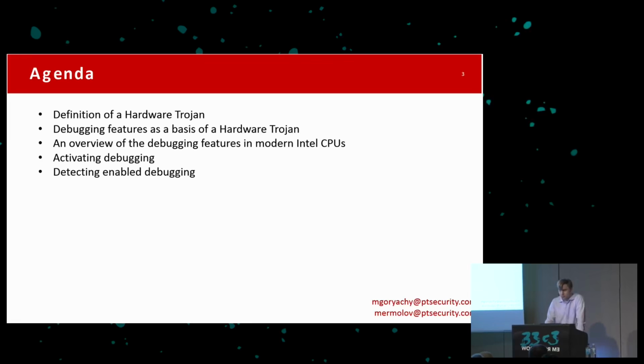We're going to review the Direct Connect Interface, a JTAG-like interface, and its activation. And then I'm going to talk about several tips that can help you detect such an attack.